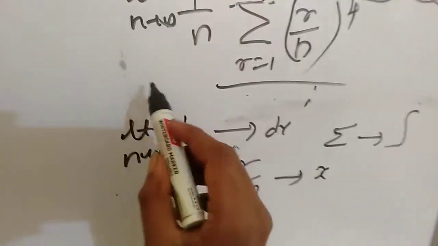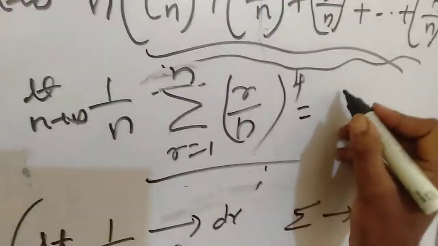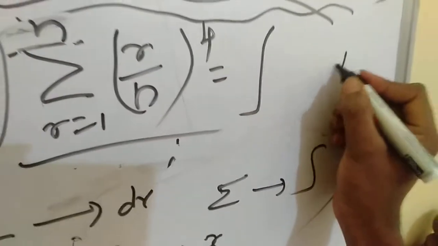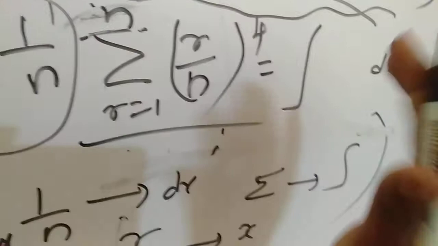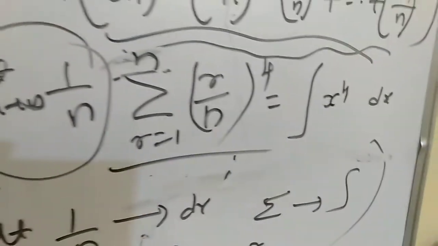This is the process for the limit of this sum. Then r/n becomes x⁴, and then take the limits.